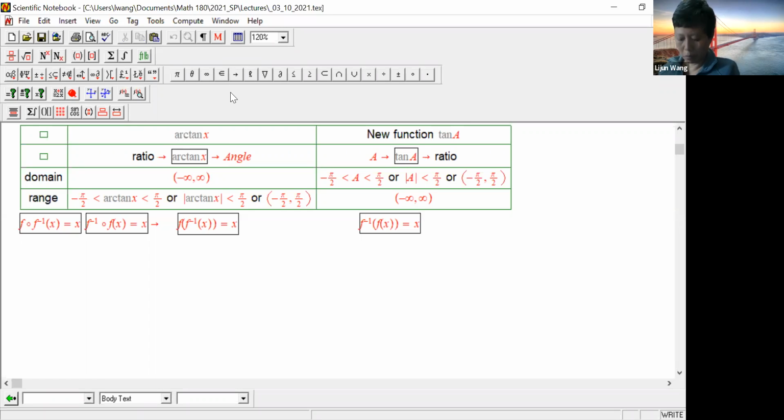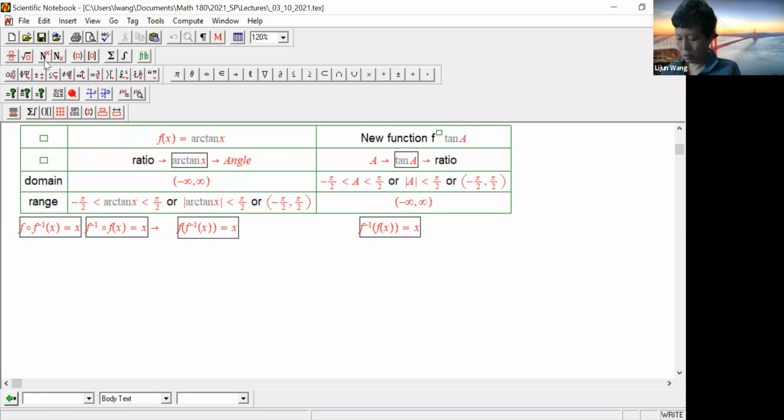So this time I'm going to call this F, and this is F inverse, with that specified domain, of course. Domain and range is more like the shadow of the function.